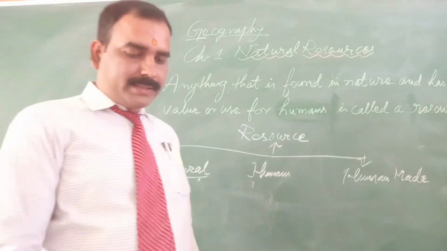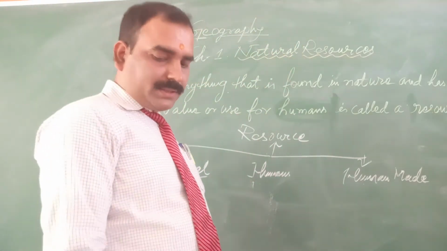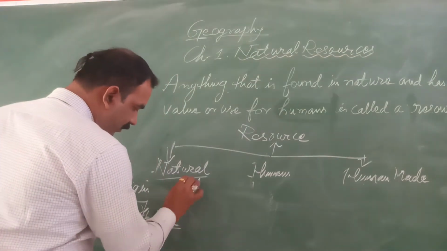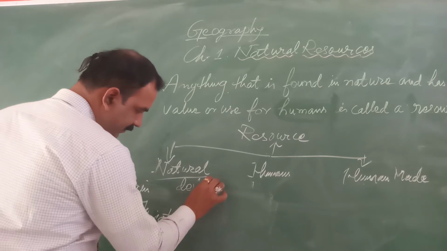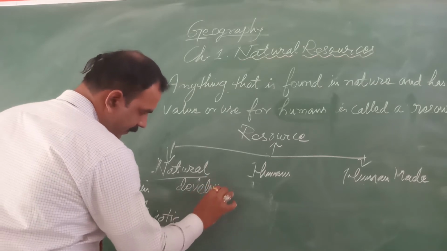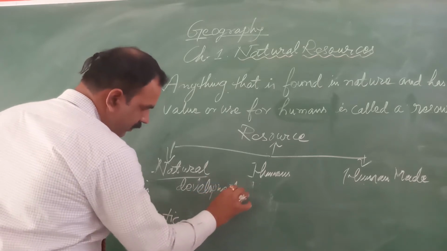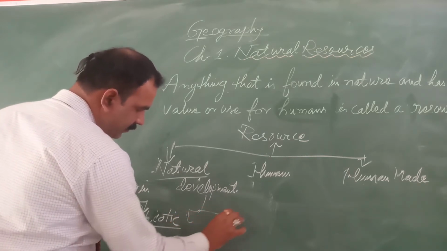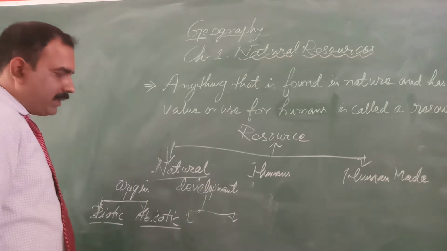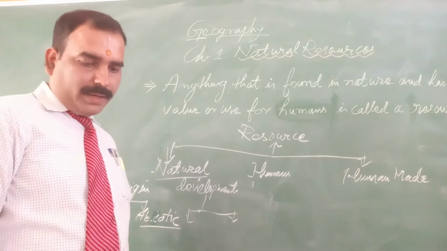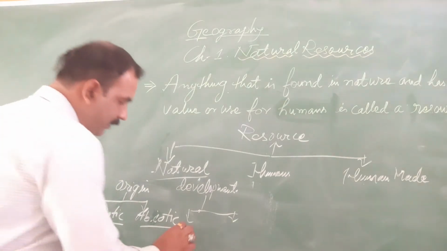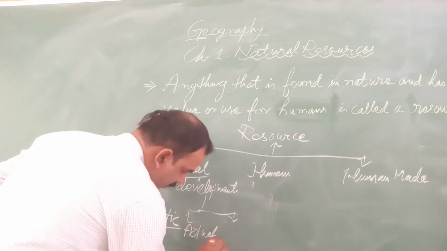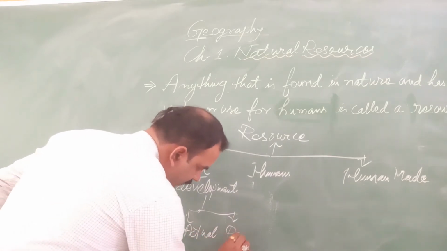Now come to the point: on the basis of their stage of development, further natural resources can be divided into two parts: actual and potential resources.